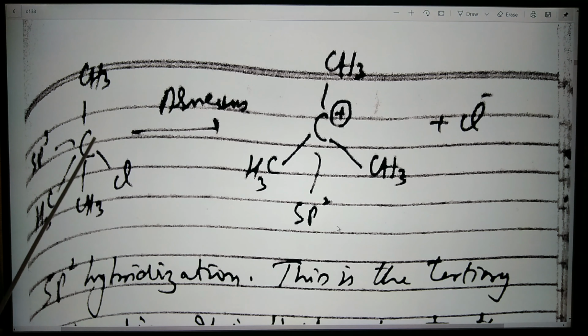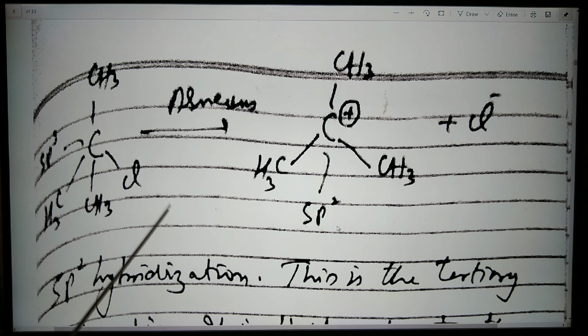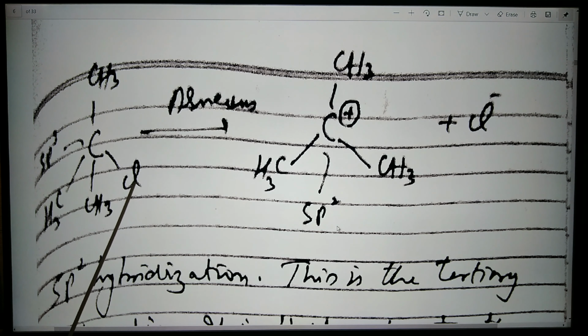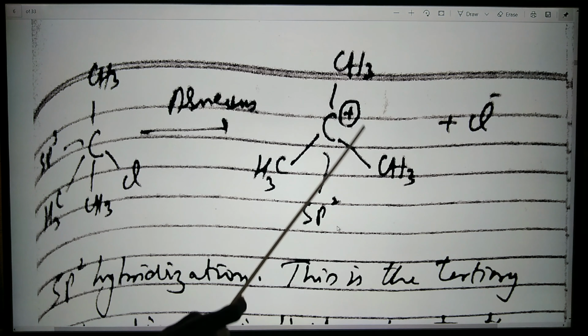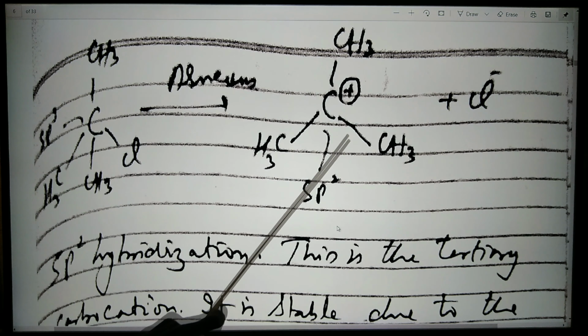Since we have four bonds, the hybridization is sp3 and the shape is tetrahedral. As the Cl minus is removed, the shape is different: 1, 2, 3, so it is sp2 hybridized and the shape is trigonal planar. The bond angle is 120, whereas in the other case the bond angle is 109.5. So this is the main difference when Cl is removed: sp2 versus sp3.